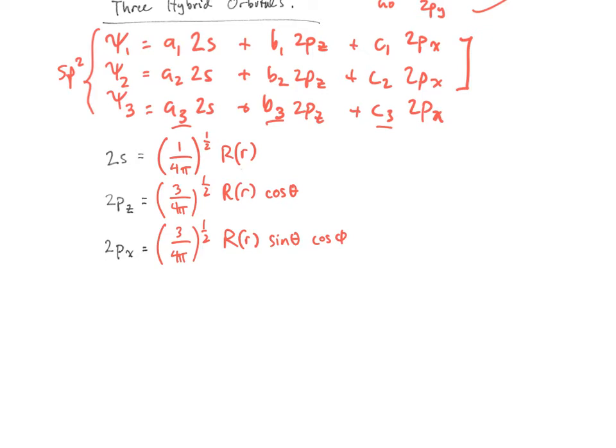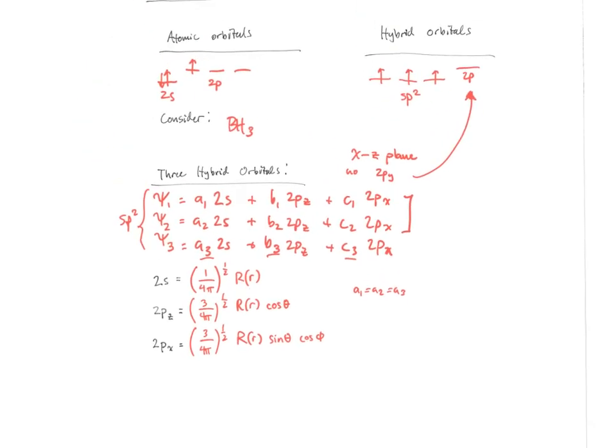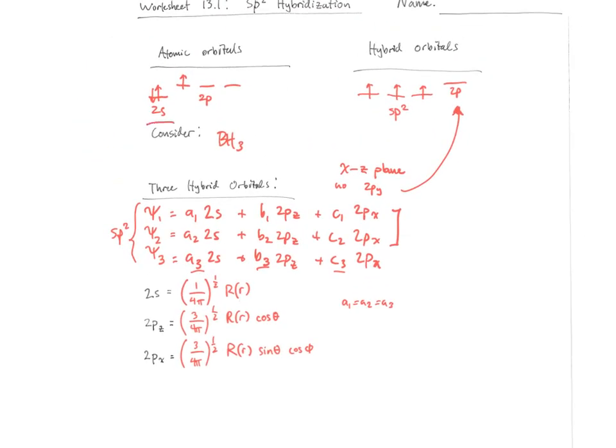Next, we're going to assume that all of these orbitals are going to have equal proportions s atomic orbital. So we can say that A1 equals A2 equals A3. That's just saying that they all have equal amounts of s orbital to each other. And in addition to that, we're going to say that a single s orbital is going to be spread out among those 3 sp2 orbitals, and that should make sense because over here we only have one 2s orbital.